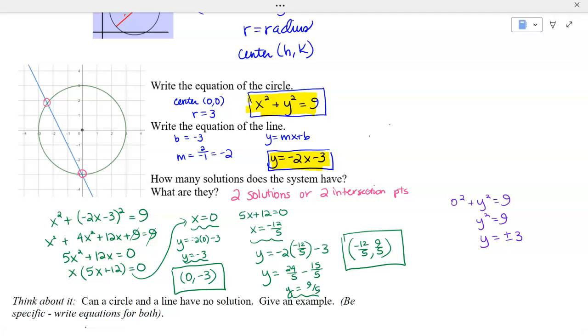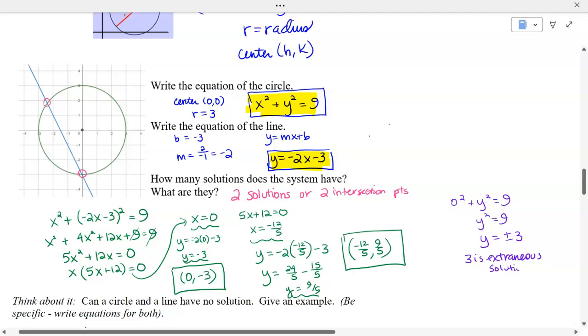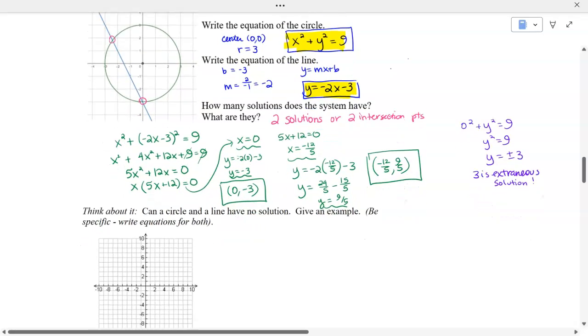Now, if we look at this, we would see that 3 is actually an extraneous solution, because if we plugged that into the line, it would not work. So we do have to throw out 3 as a possible value for y. So you always want to double check what your answers are. Okay, so let's keep moving on.